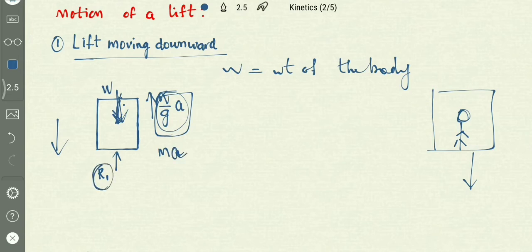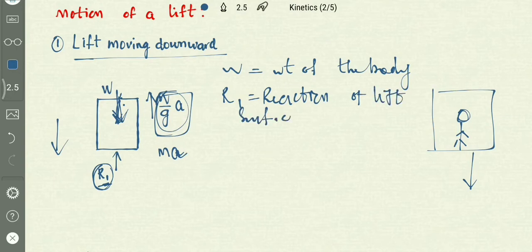There is a reaction, let us say it is R1. R1 is the reaction of the lift surface due to the weight of the person, which is W. So R1 is the reaction of the surface on the person.